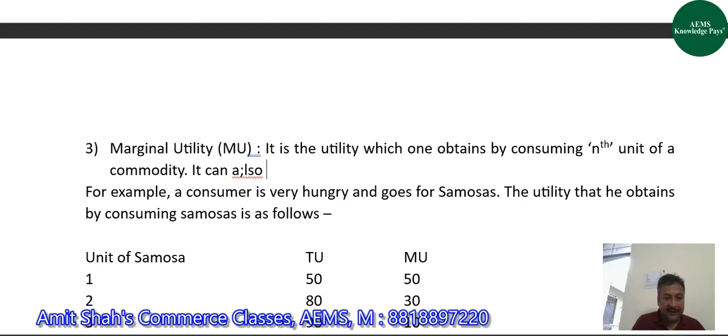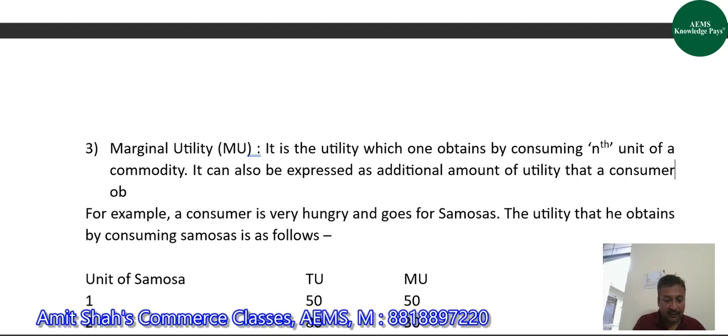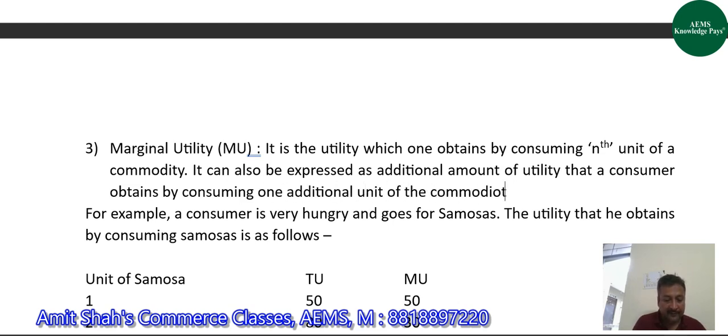MU can also be expressed as the additional amount of utility that a consumer obtains by consuming one additional unit of a commodity.